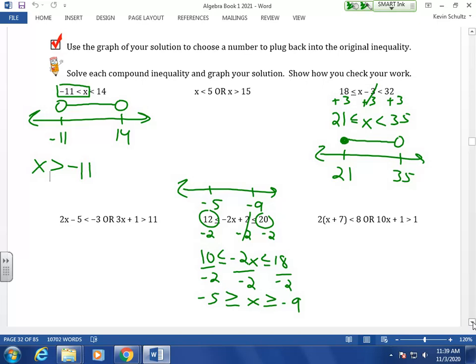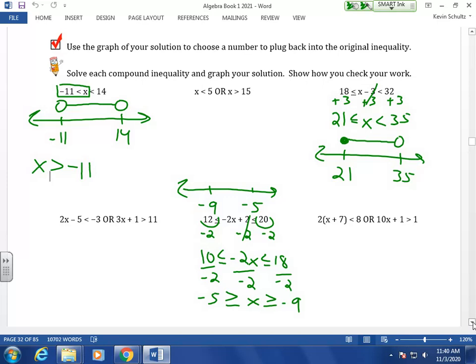It's not that they're both negative. It's because, Noah? Because we divided by that negative number. In this case, the reason why we have to flip our signs is because it's going to flip the side of our number line as well.